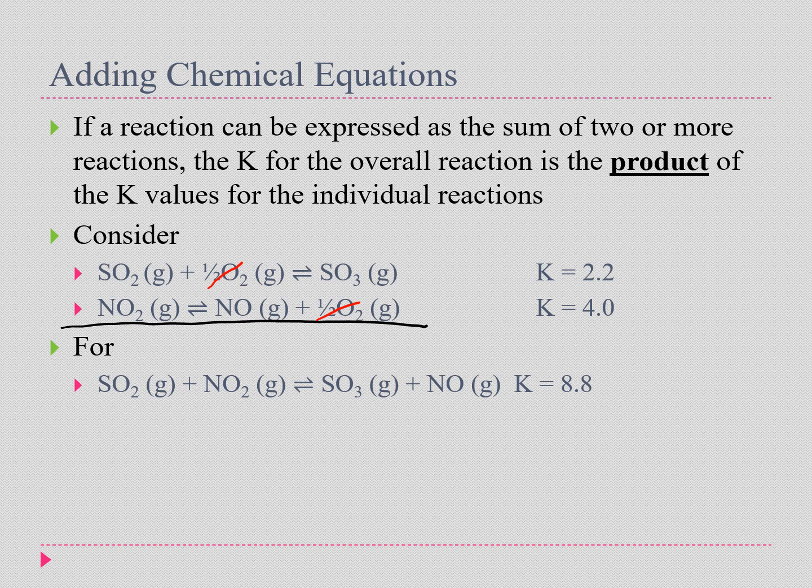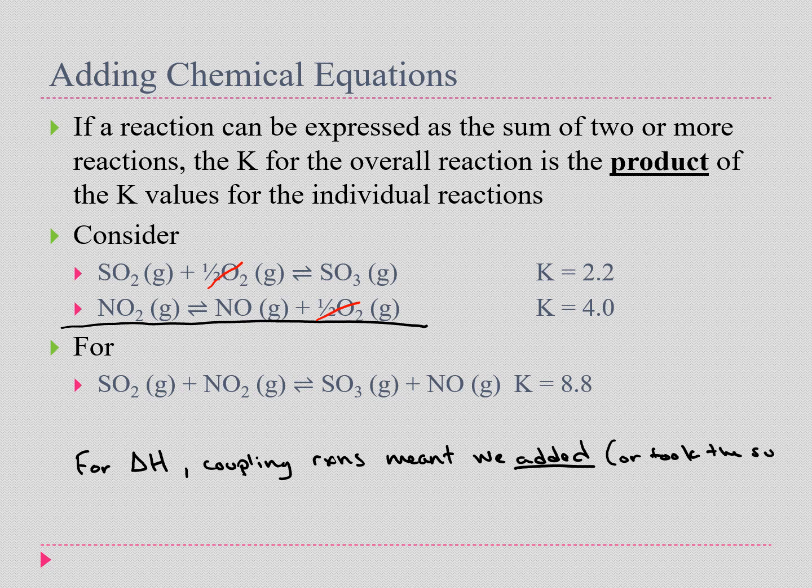Now, when we did this for delta H, coupling reactions meant we added, which is also called taking the sum. We added up the delta H's.